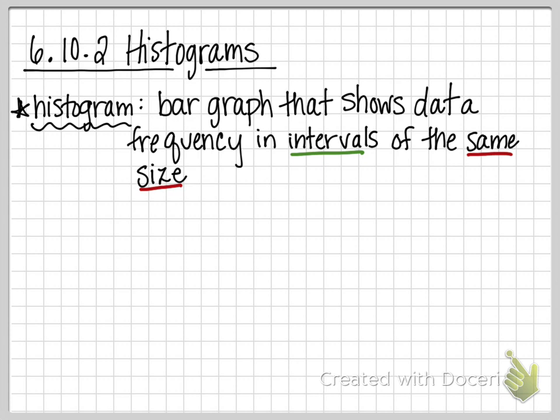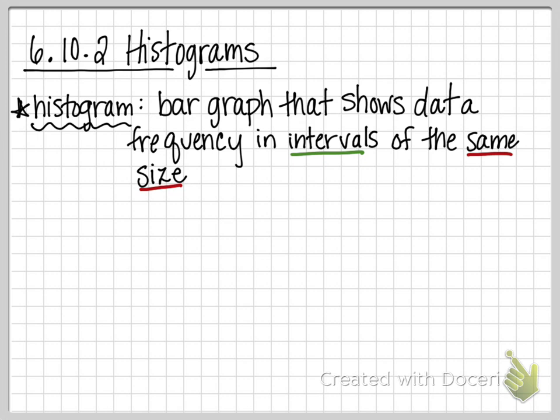Like 0 to 3 might be 1 bar, and then 4 to 6 might be 1 bar. But they have to be the same size intervals. So like intervals of 3 or intervals of 5 or whatever. And then each bar will represent how many times numbers in that range came up in your data set.